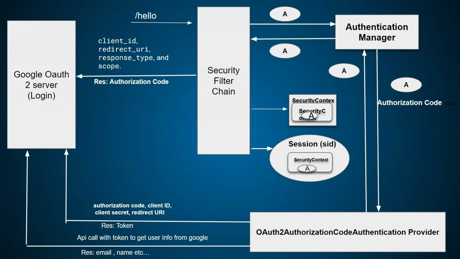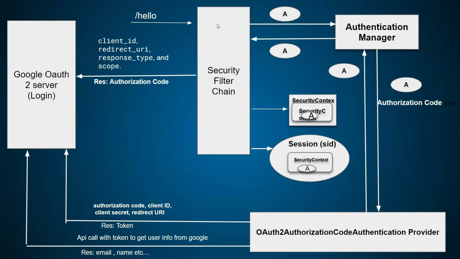Now next time when the user is trying to access our application, he doesn't need to do the login, because with that second request, it is passing the session ID as part of the cookies. And when it hits our security filter chain, the security filter chain will check, is there any session ID with them or not?